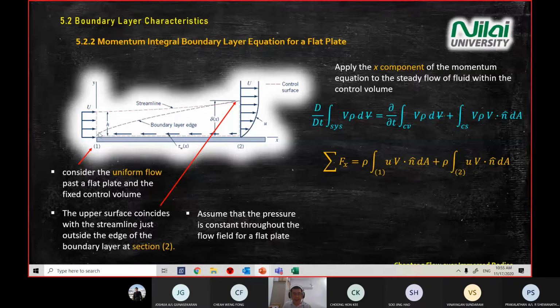So we look at the x component, which is along x. Along x we have two points, so we pull out the equation: rho u, times the vector direction, not magnitude, on the control surface, dA. We explained what the in and out symbols are, and dA for section 1, and we include section 2 also.